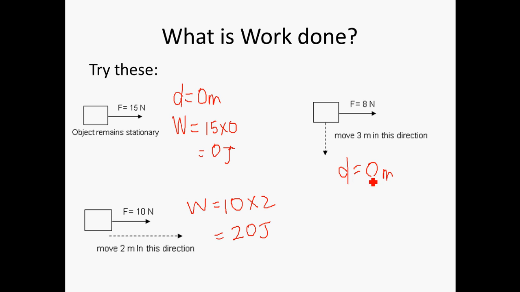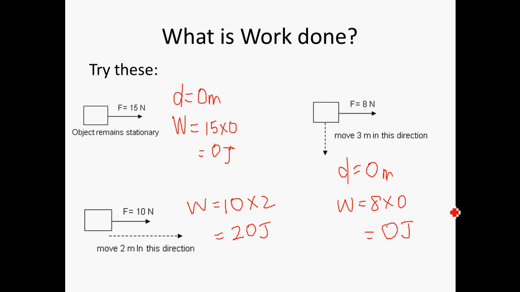You must be careful. What I'm trying to say here is the distance traveled in the direction of the force. There is simply no distance traveled to the right, so it's 0 meters. It's 3 meters in this direction, which is down. So the work done will be equal to 8 times 0, which is 0 joules.